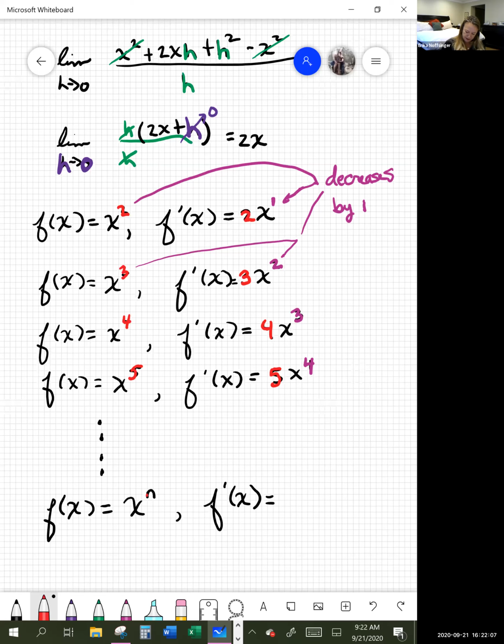So the nth power is going to come down front, x, and then this exponent was decreasing by 1. So to express that, our exponent n has to come down by 1. So n minus 1.